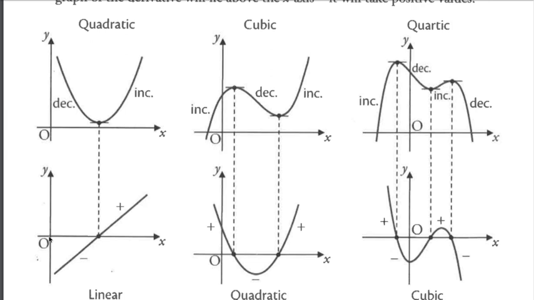When x is 0, the gradient on the original graph would be negative. It was going down. When x takes this value here, looking up, we're getting a positive value. Remember, this graph describes the gradient of the original graph. So on the original graph, if we go straight up, it should be positive. It is.